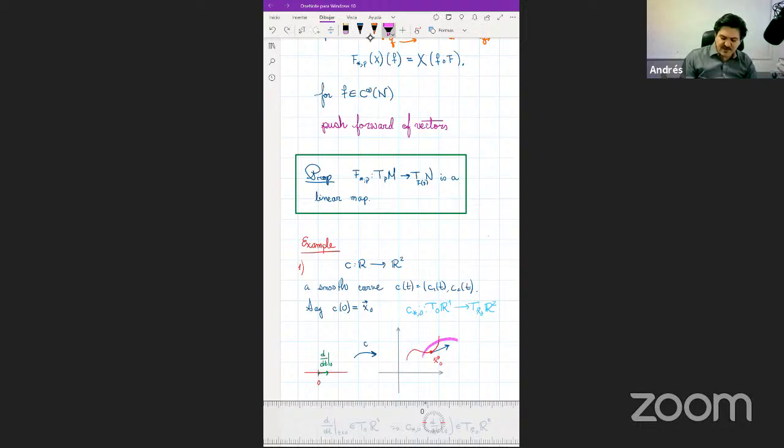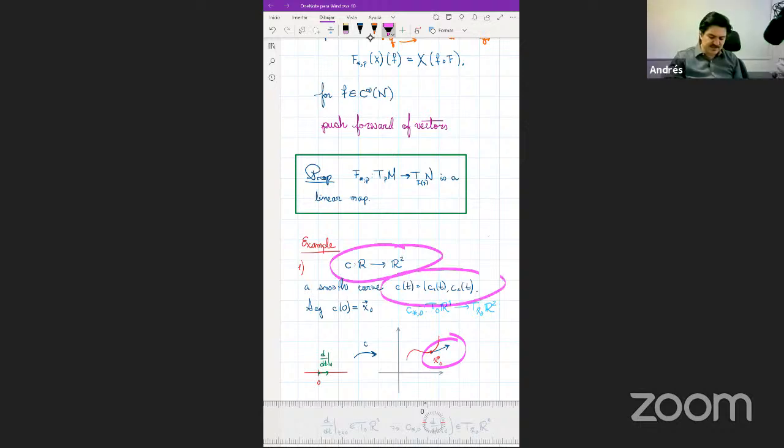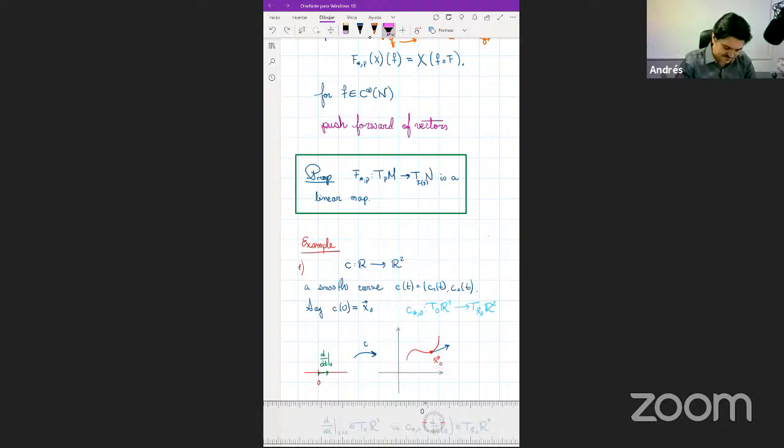So you are moving here, you describe this curve, and then you compute this vector. How do you compute this vector? Do you remember? The tangent one? Yes. So you have this and this. The derivative over the norm. The derivative and what else, Moises?